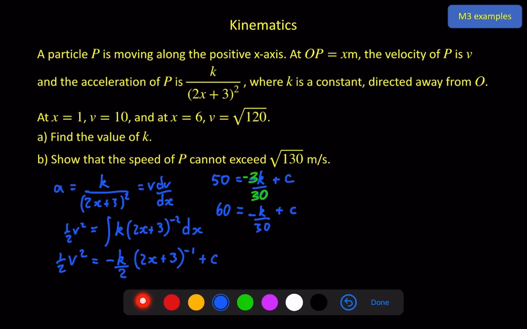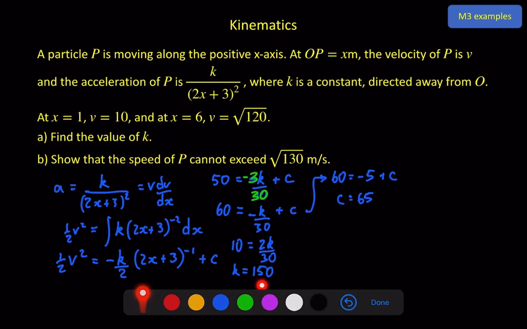So we've got 60 minus 50, 10 on the left, minus k over 30 minus 3k over 30 is 2k over 30, and the c is eliminated, so we've got k is equal to 150. Then if k is equal to 150, this equation becomes 60 equals minus 150 over 30 is 5, plus c, so c is 65. Now I didn't actually need that from what the question was asking me.